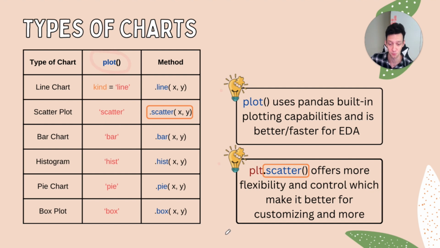These are your tips for the day. Plot just uses the built-in capabilities of Pandas, and this is a lot faster and almost better for your initial exploratory data analysis. I can quickly plot columns and rows within our data frame using the built-in plot method.